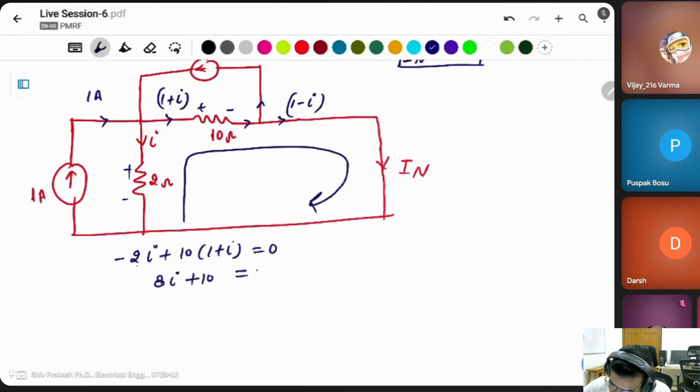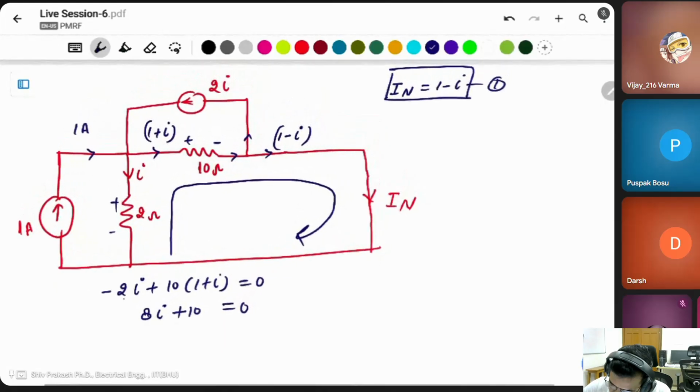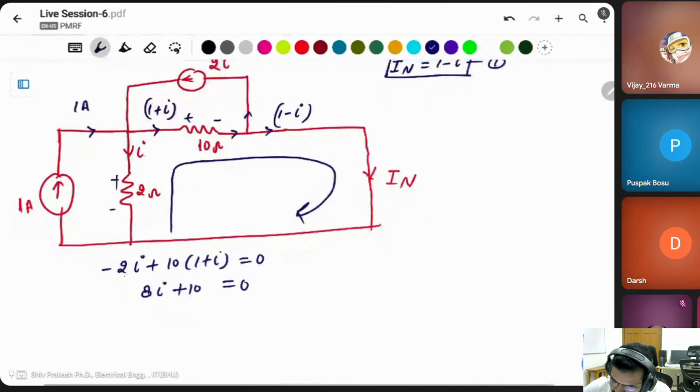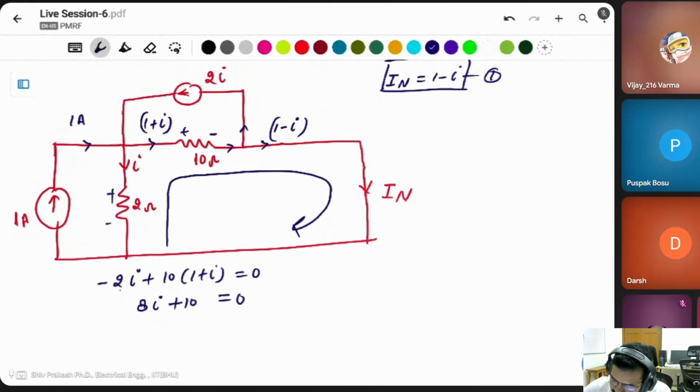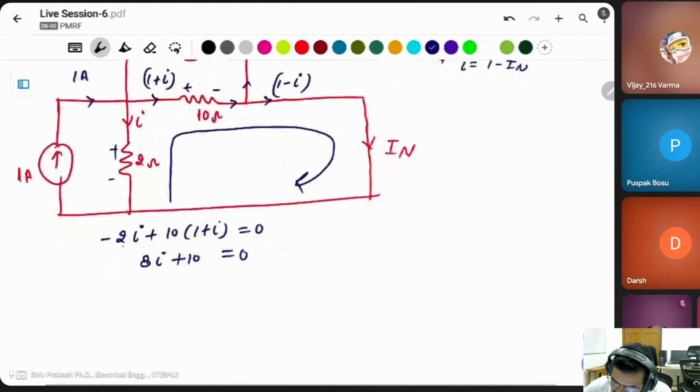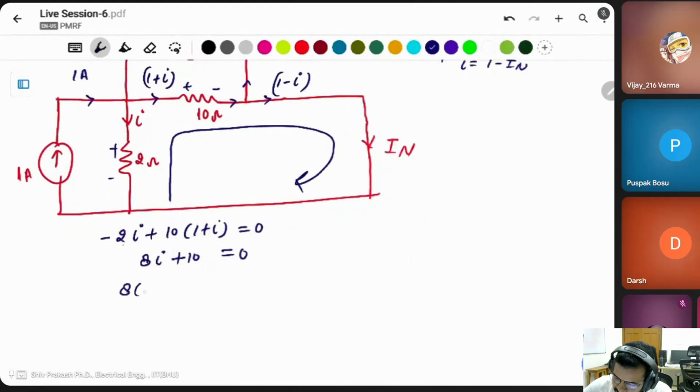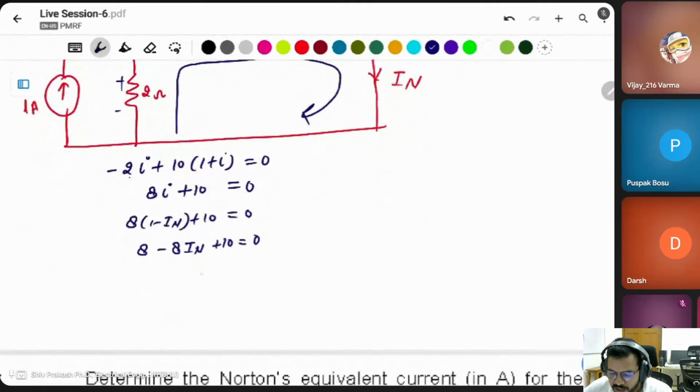For the current, you have to simply short circuit. If we short circuit this one, we have to find this current IN. If this is a short circuit, then this resistor has no meaning, because it is directly connected to this short circuit path. That's why there is no current flowing through this 8 ohm resistor.